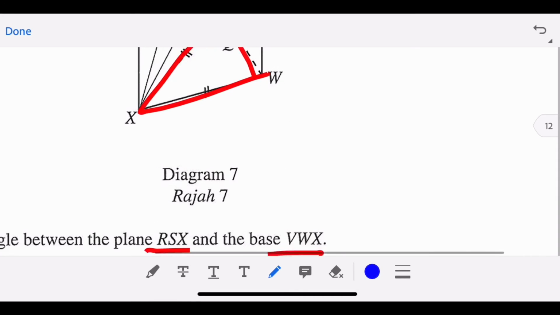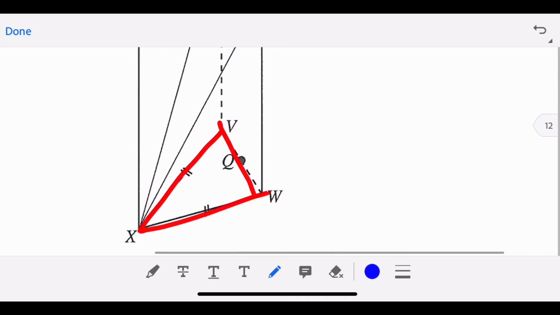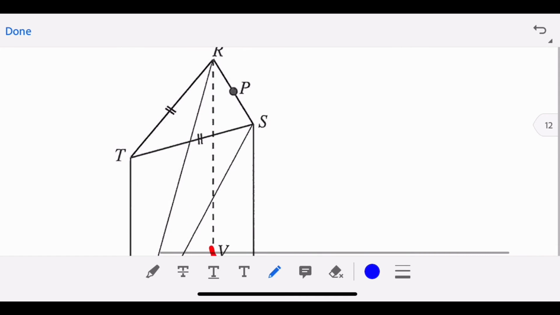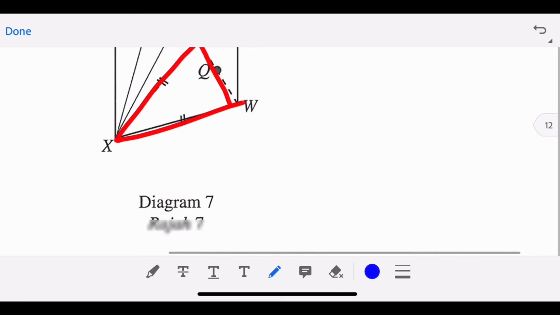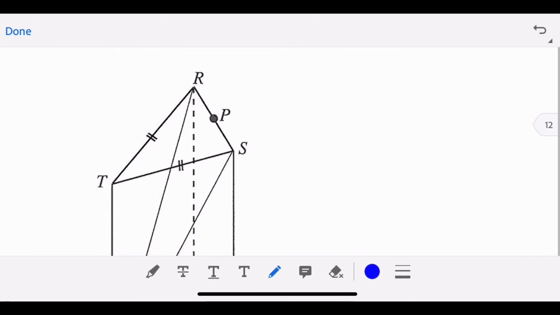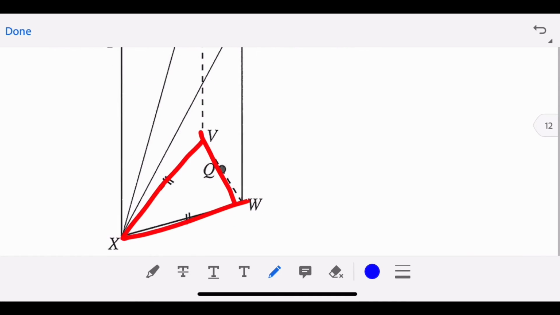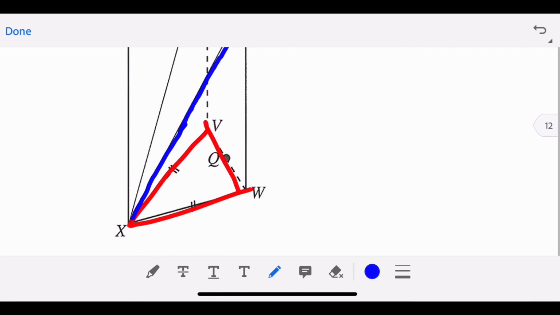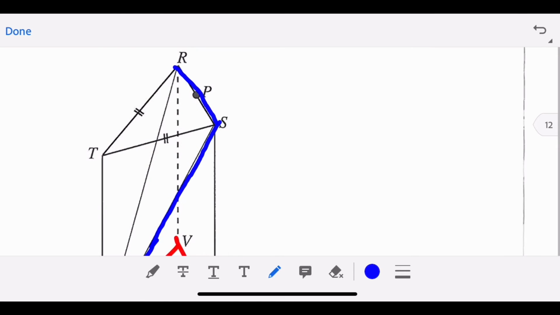According to the diagram, we highlight the plane, using a blue color. After you highlight, then you focus on the point where the planes join together. That should be the angle. I'm using a blue color pen to highlight the other plane.